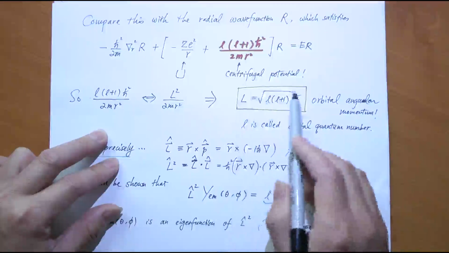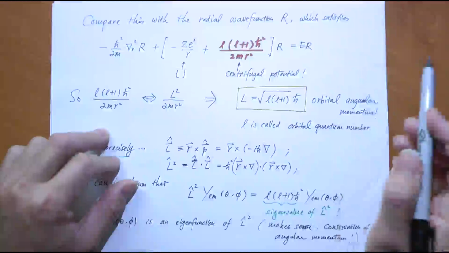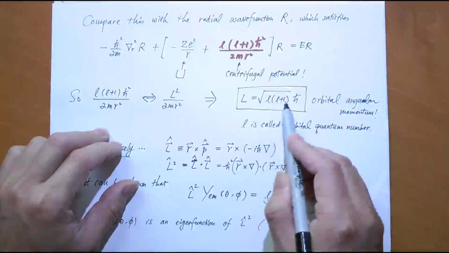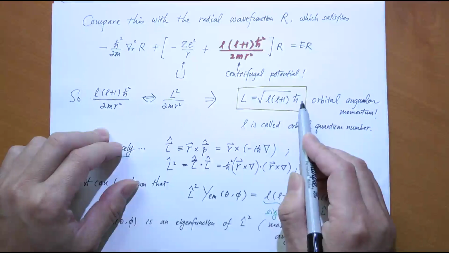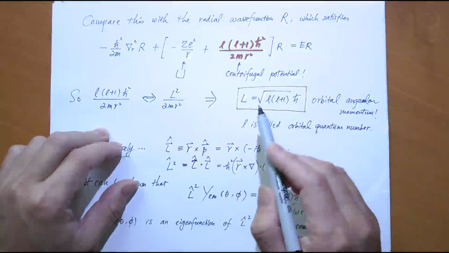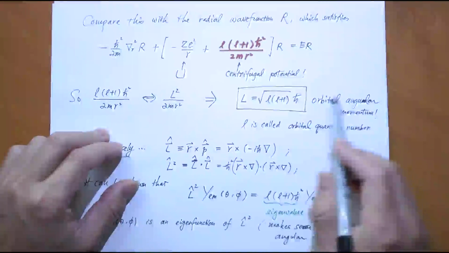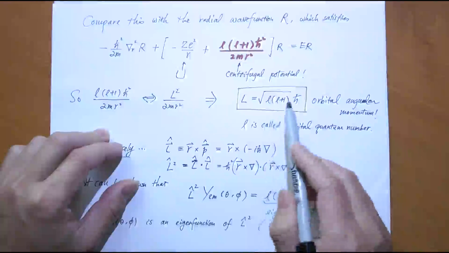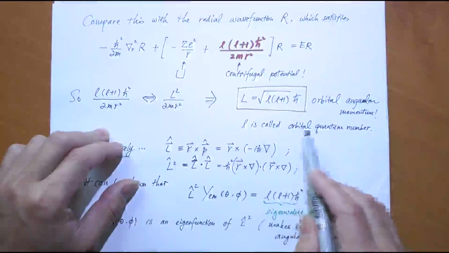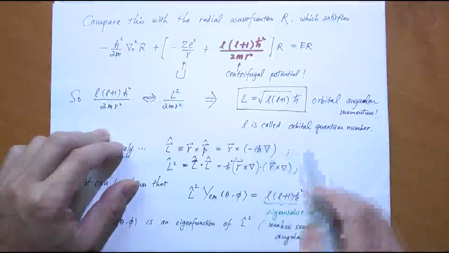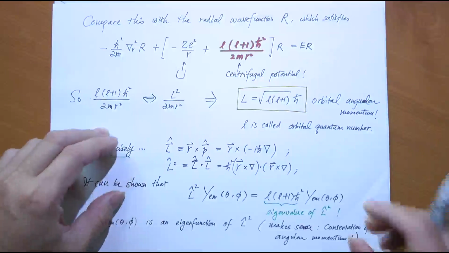And if you take the square root, this is what you get: L times L plus 1 square root times h bar. This is the magnitude of the orbital angular momentum. So for this reason, we call L the orbital quantum number, having to do with orbital motion, which creates an angular momentum.